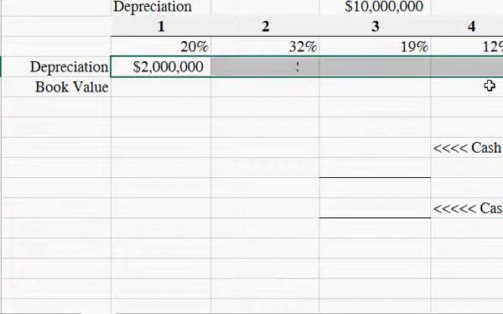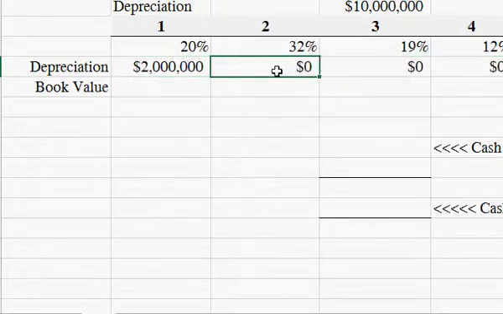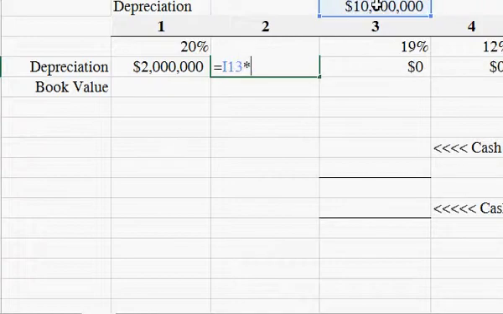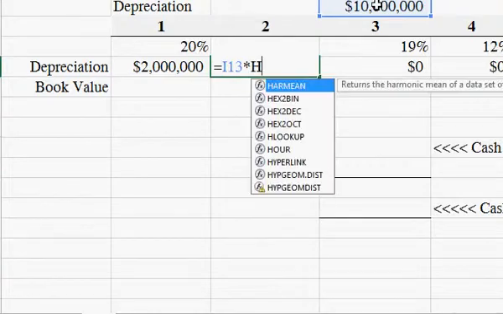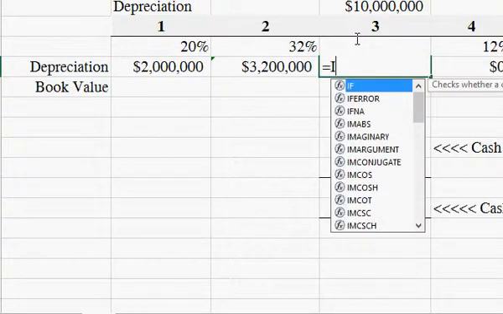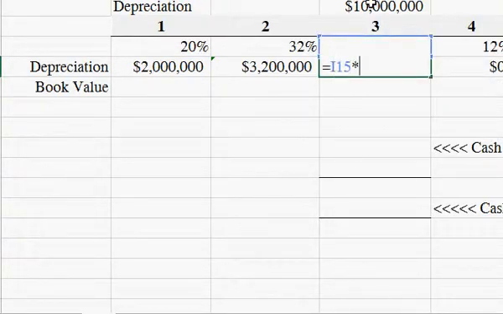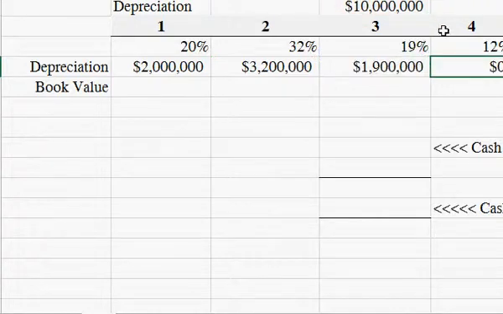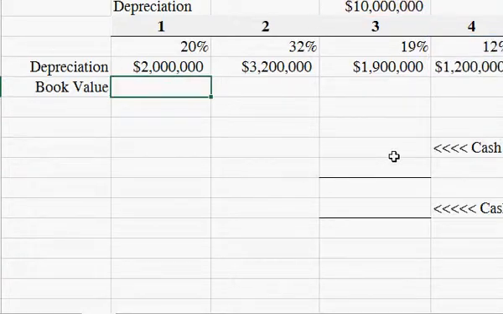Whoops. Didn't do that right. Times, let's see, H15. So we can also at the same time calculate what the book value is each year.